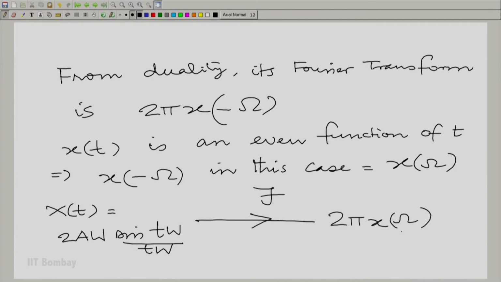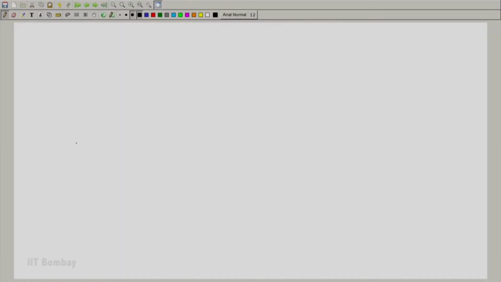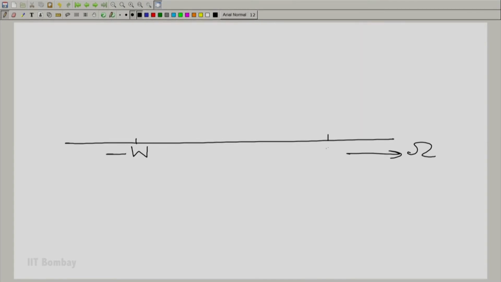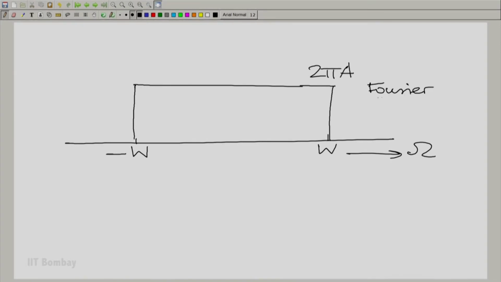So, essentially the same kind of a Fourier transform. That means essentially a rectangular pulse, but in the frequency domain, but with a scaling, a multiplication by 2 pi. That is not difficult to handle. So, let us draw that. On the capital omega axis, I have from minus W to plus W, and the height is essentially a if I did not have the scaling, but here it is 2 pi times a. That is the Fourier transform of capital X.